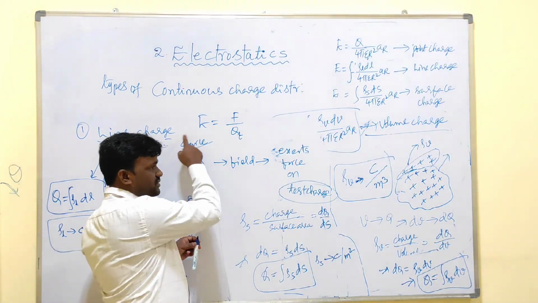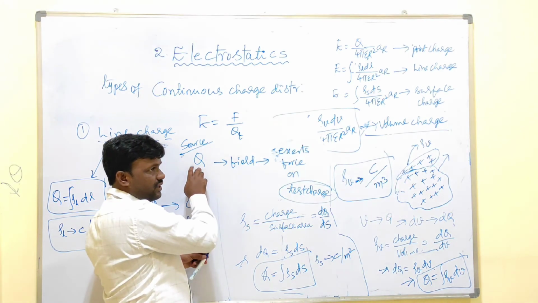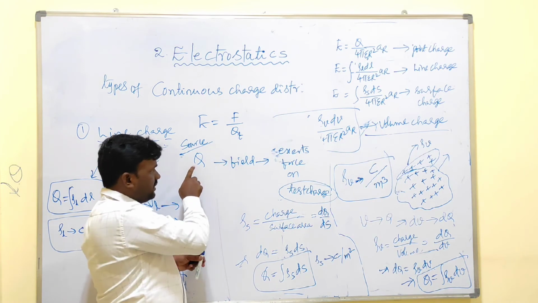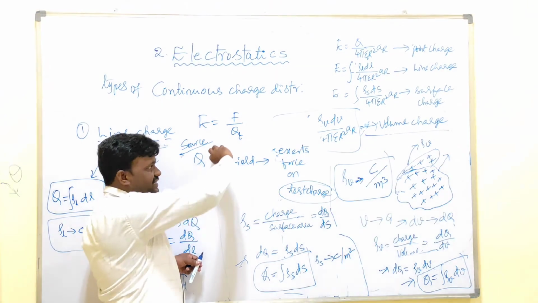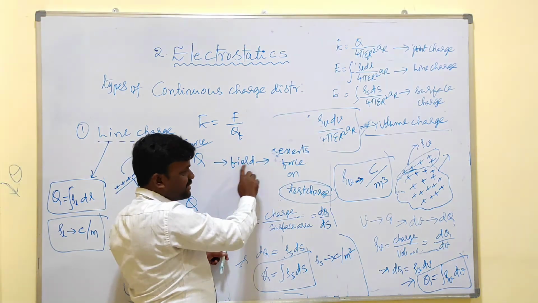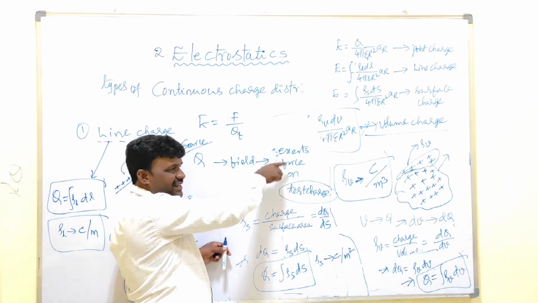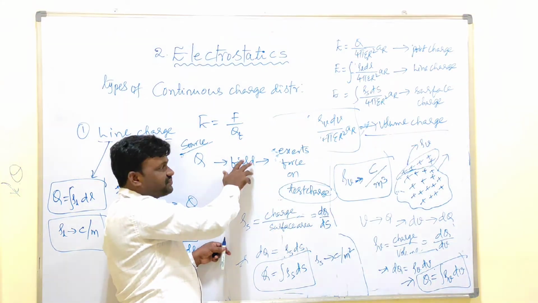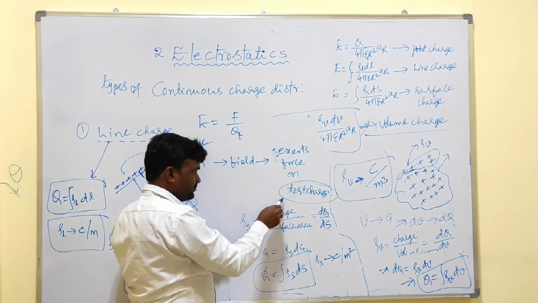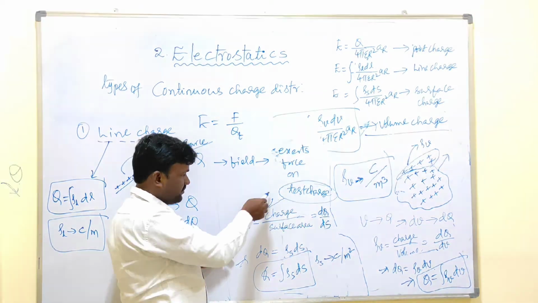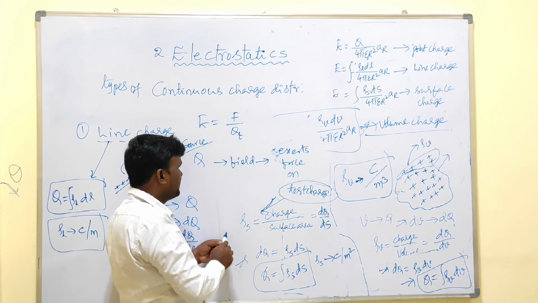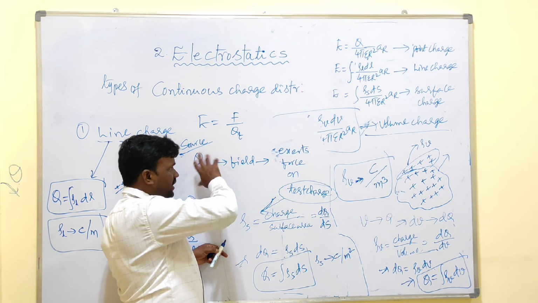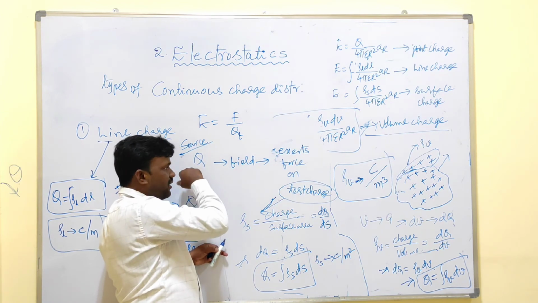Let us say your handset is the source. If you call your friend, it generates fields, that means signals. That field exerts force on the handset or mobile of your friend, which is treated as the test. How can we test your mobile handset?